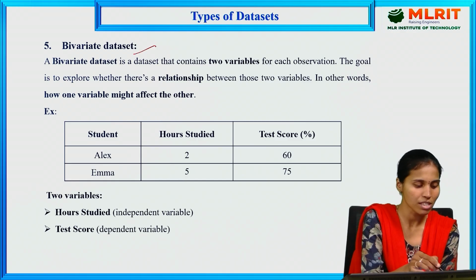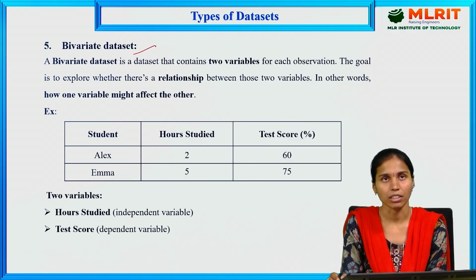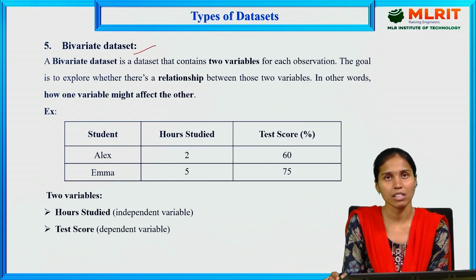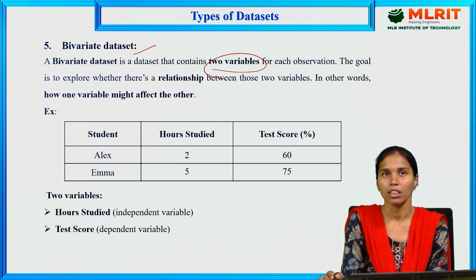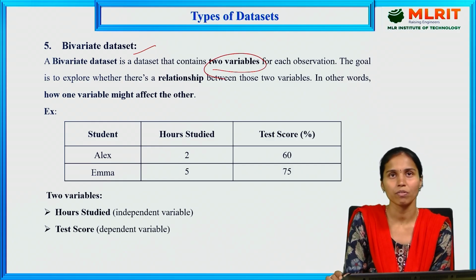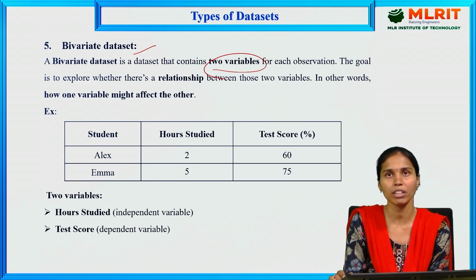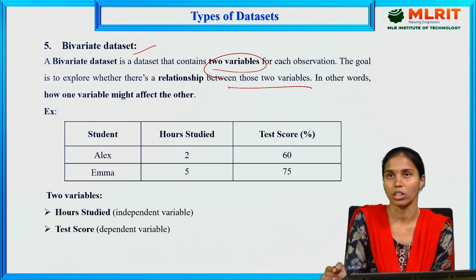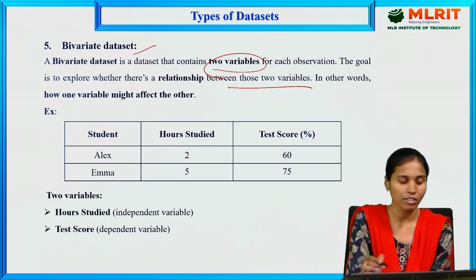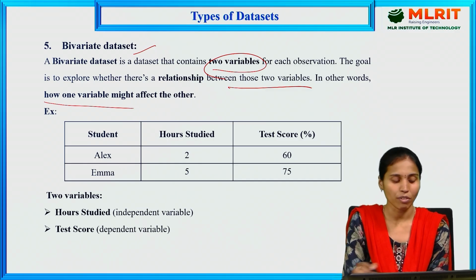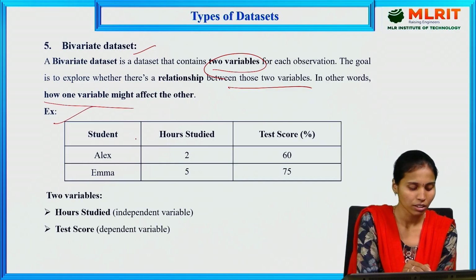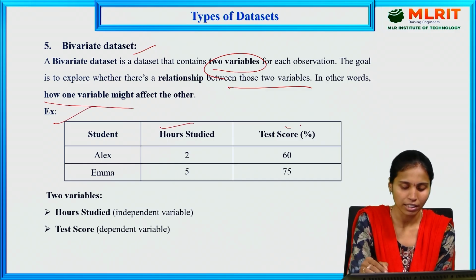So fifth one is a bivariate data set. A bivariate data set is a data set that contains only two variables for each observation. The goal is to explore whether there is a relationship between these two variables only. In other words, how one variable might affect the other. So for example, student, hours studied and test score.